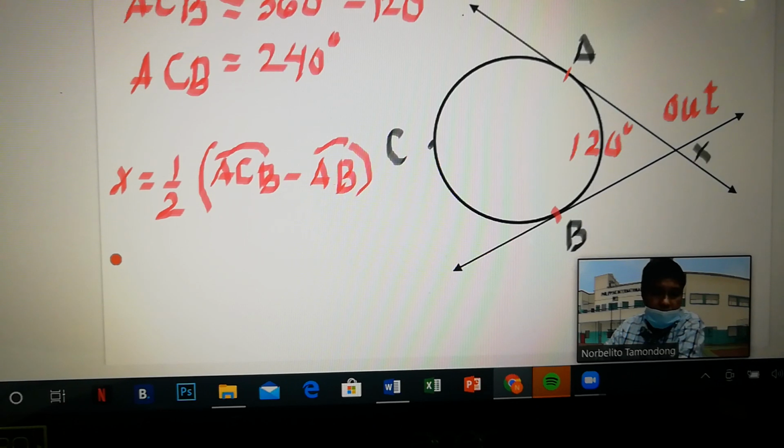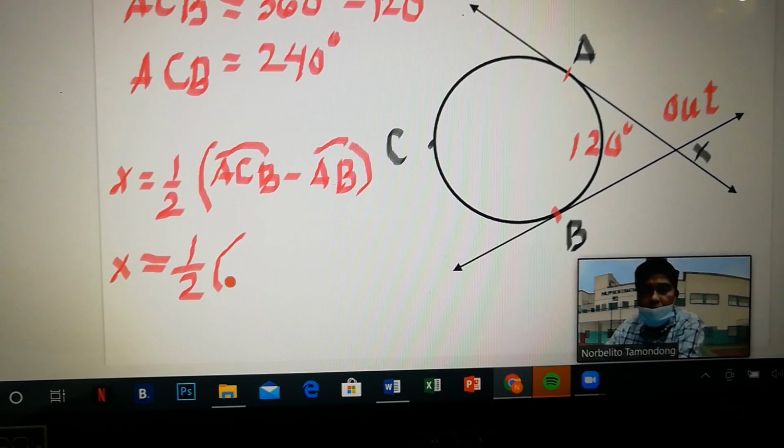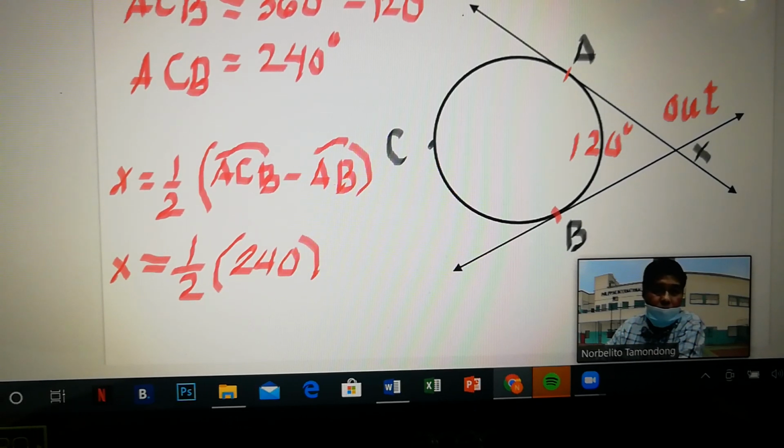So x is equal to 1/2 of ECB, which is 240, minus EB, which is 120.